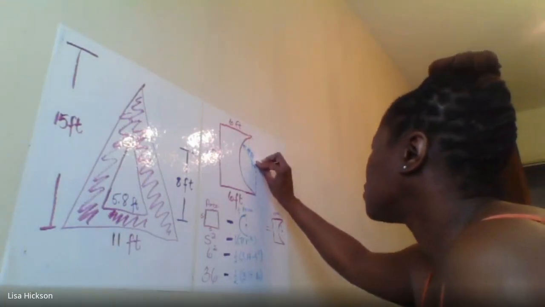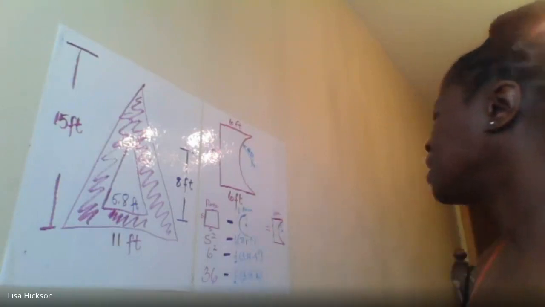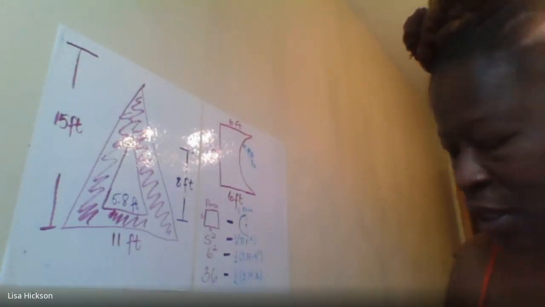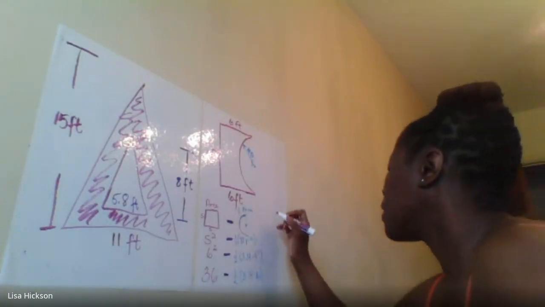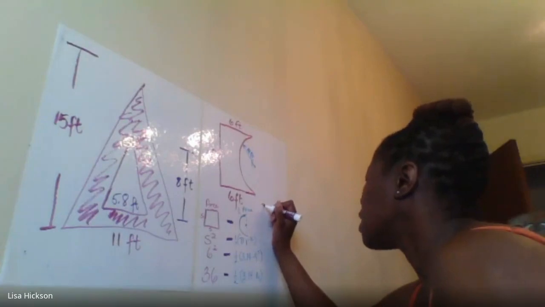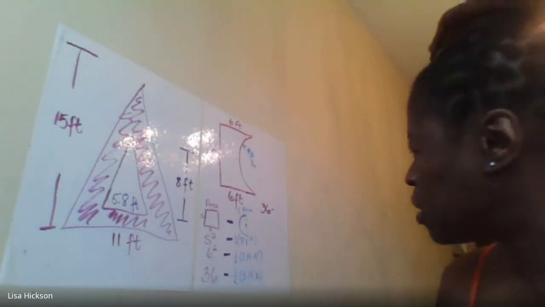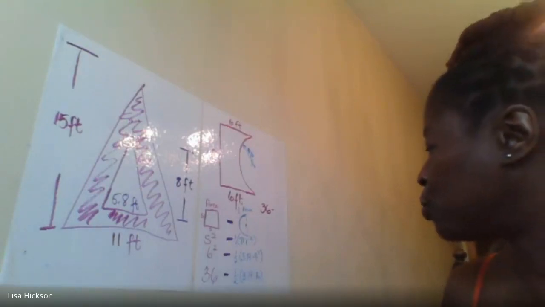That's what our picture looked like originally. They just had us hanging out there. All right, so now, since I only have a little bit of space, I'm going to bring this problem over here. So we got 36 minus, and then what's 3.14 times 16 divided by 2?